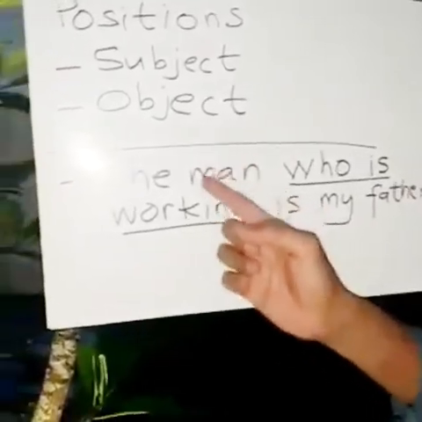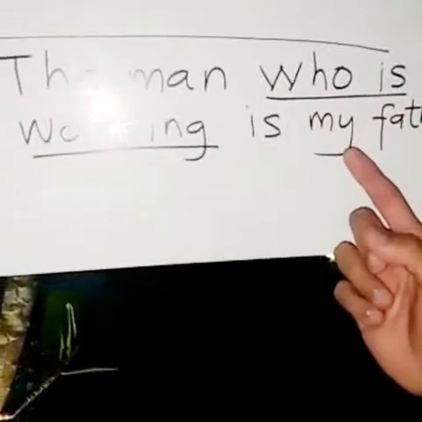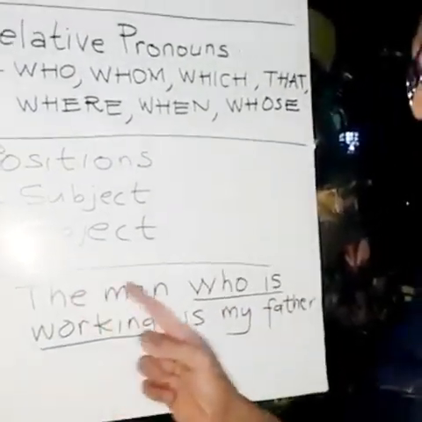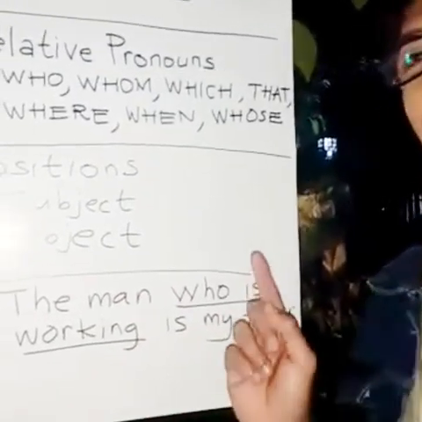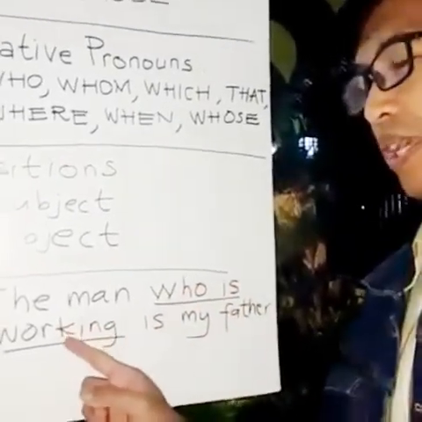Once again, the man who is working is my father actually consists of two sentences. Number one, the man is my father. And then the second sentence, the man is working.